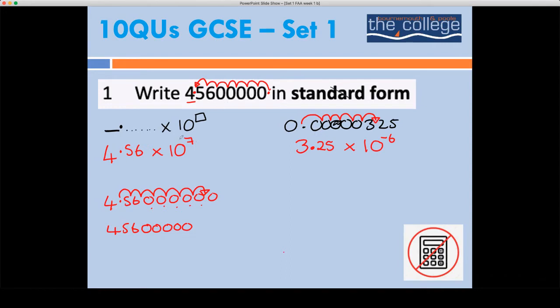So this is a standard form number, this is an ordinary number, and you could be asked to switch between either ordinary and standard form, or standard form back into ordinary. Let's do the same with this one. It's a negative power here, so I'm going to put some zeros on the front to help me out.